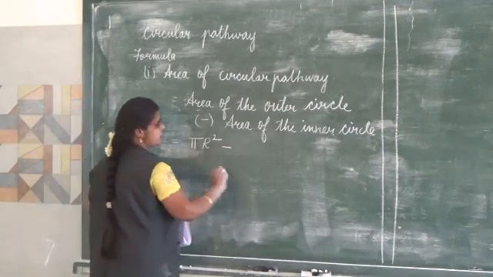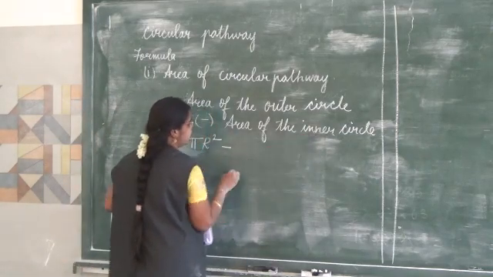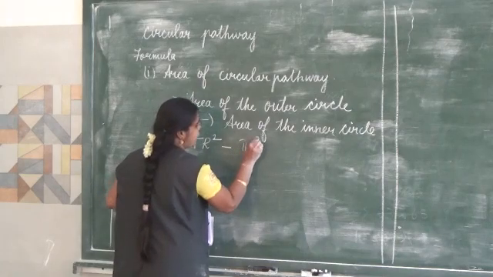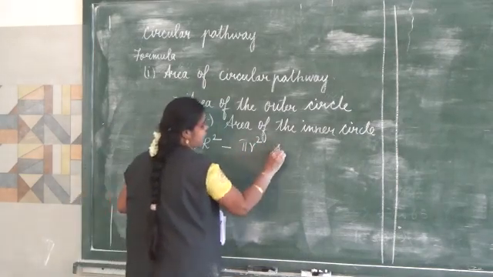Minus the area of the inner circle, pi small r square. So square units.